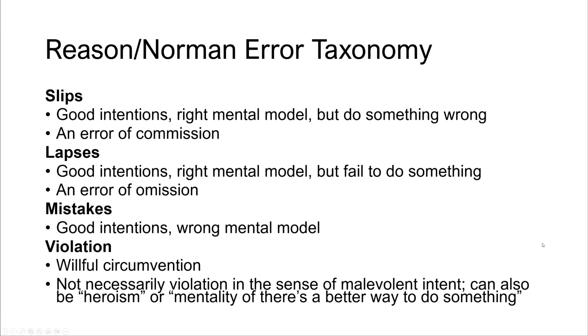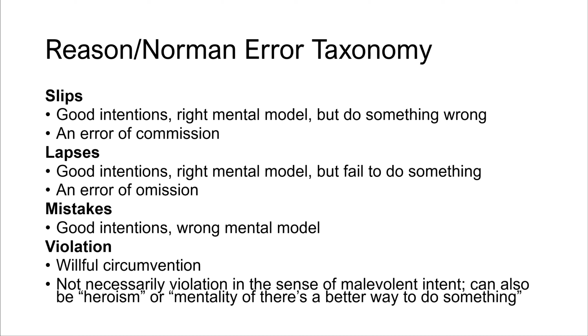So looking at Reason and Norman's error taxonomy, we get some other useful categories. These are helpful because they merge some aspects of the previous two and give us some more psychological realism. So a slip: good intentions, you had the correct mental model, but you happened to do something wrong.